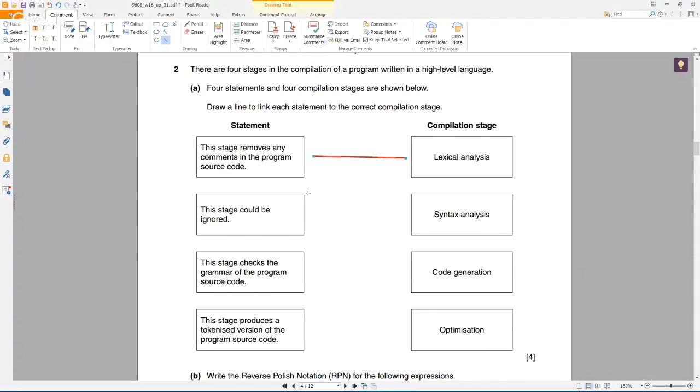The second is: this stage could be ignored. Okay, so this is basically optimization. Optimization is something that a compiler does at the end that helps to produce the most optimized machine code possible. So it's definitely something that you can ignore, because the program will still work, but will not have the same performance.